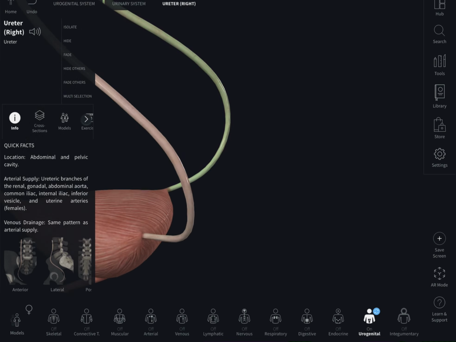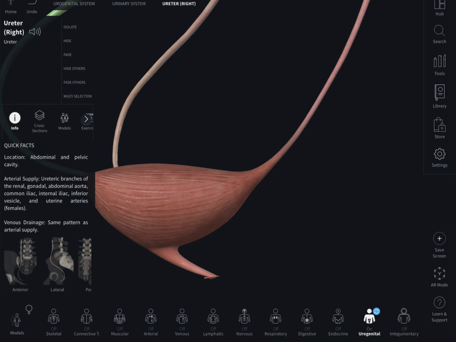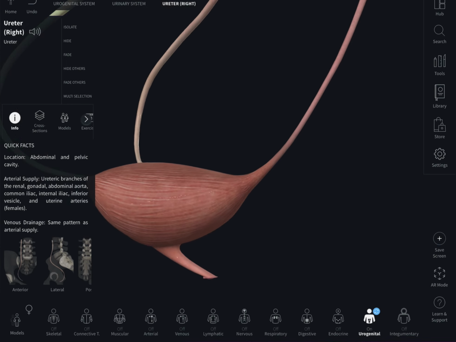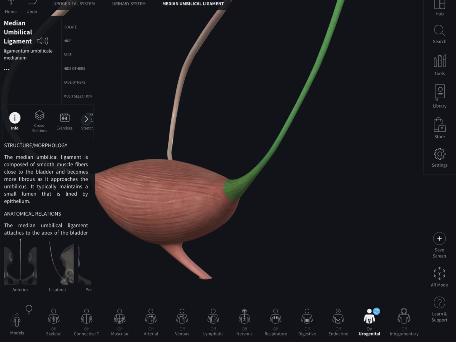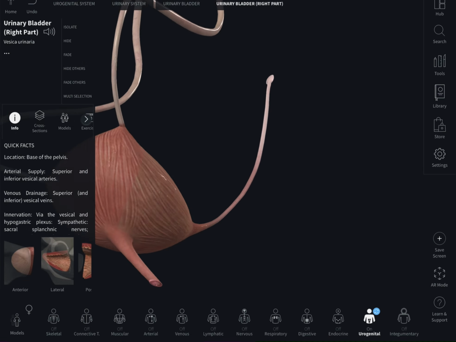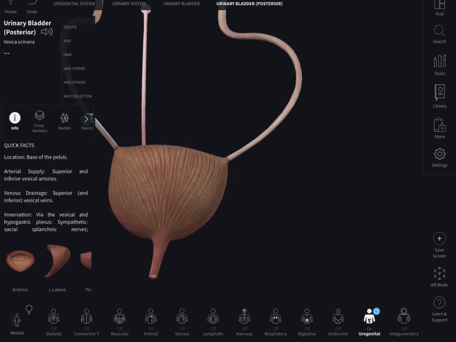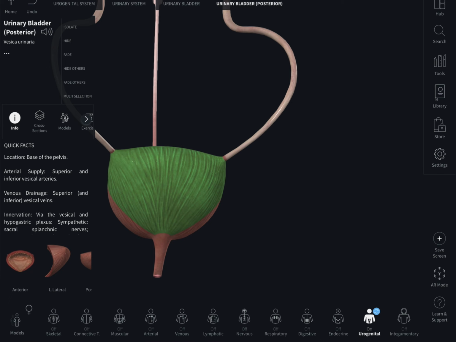Next one was the inferolateral surface on both the sides, present inferiorly and laterally. Here is present the apex, below is present the neck of the urinary bladder, posteriorly it is present base or fundus of the urinary bladder.